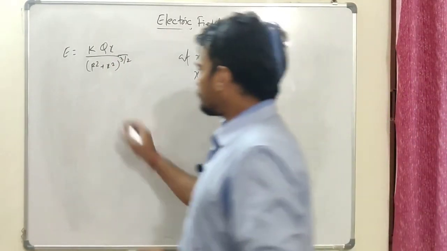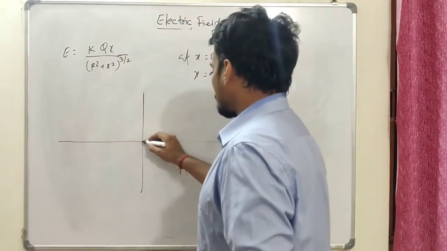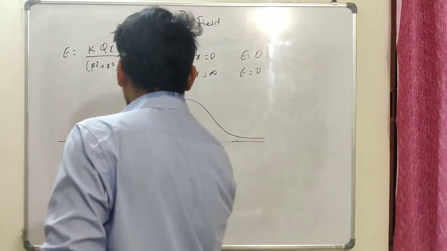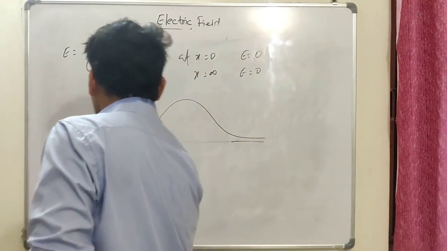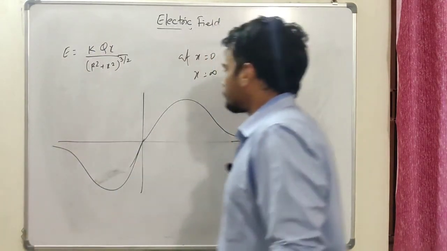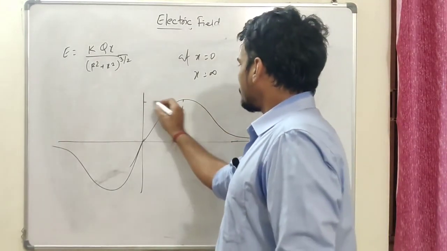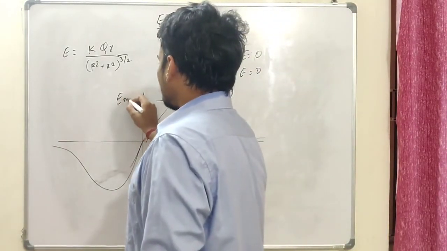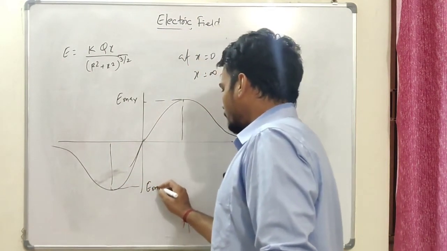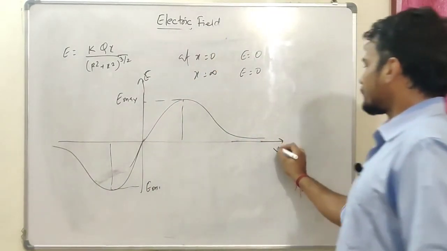So the graph of electric field, if you look at it in a very detailed way, should be somewhat like this. So this is going to be E max, and this point is going to be E minimum. Let's suppose this is the E axis and this is my x axis.